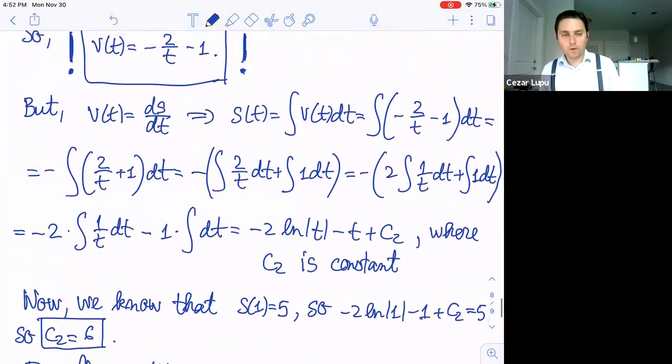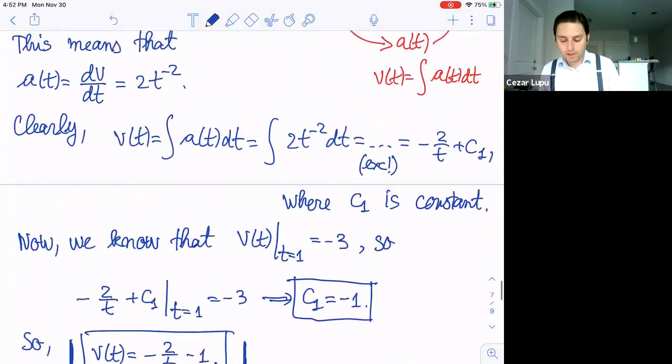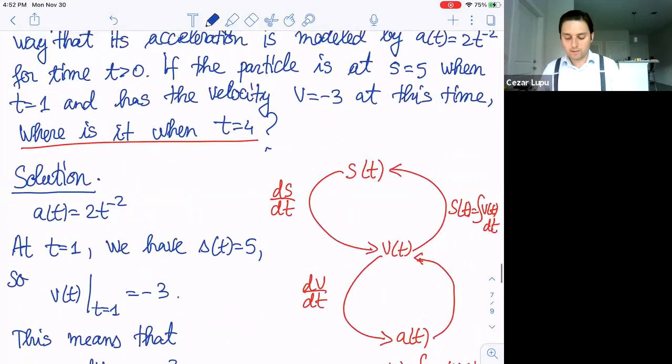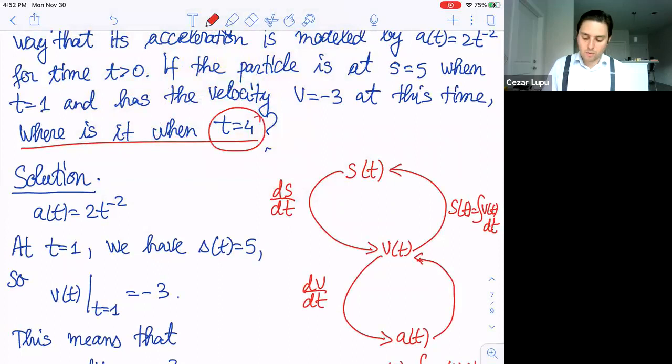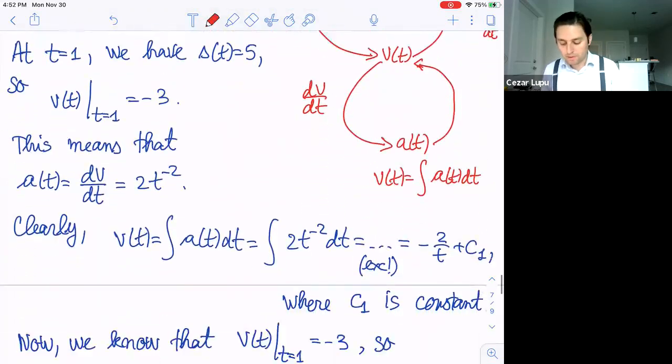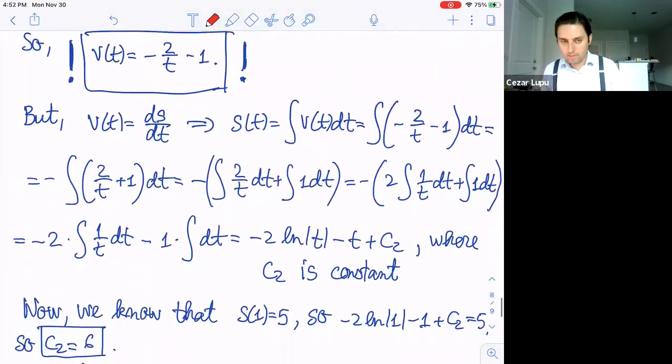And now if we go back to the problem, you see here, we need to find the position at t equals 4. So we have to evaluate s of t at t equals 4.